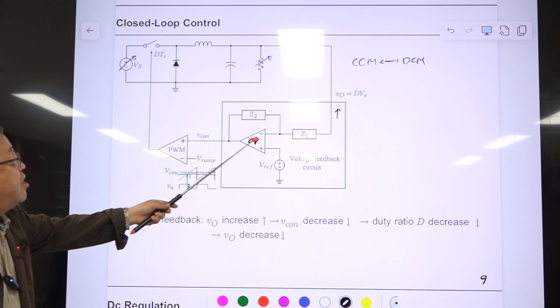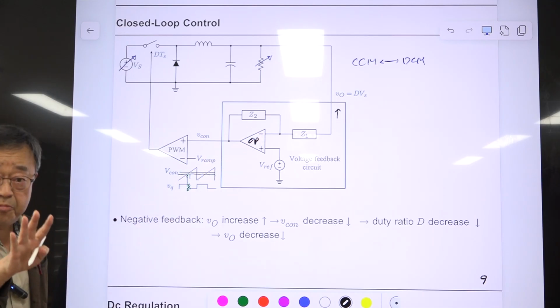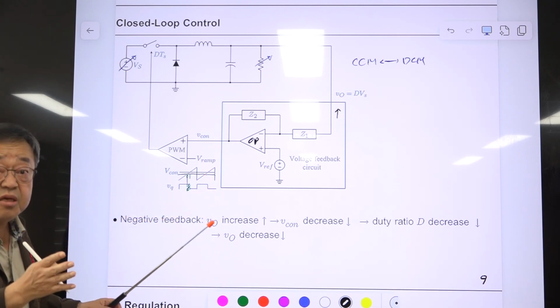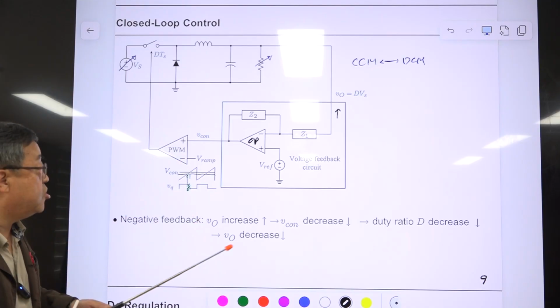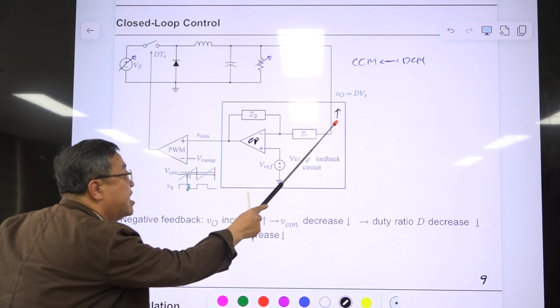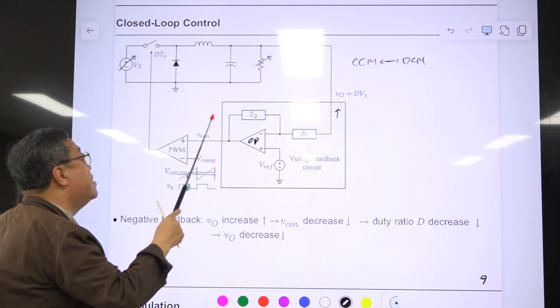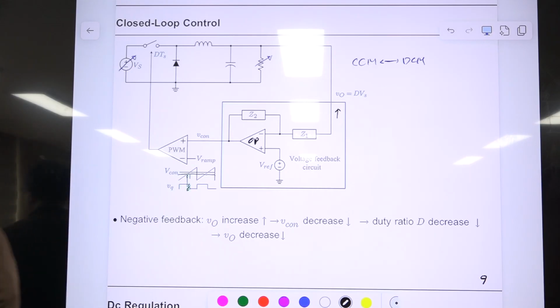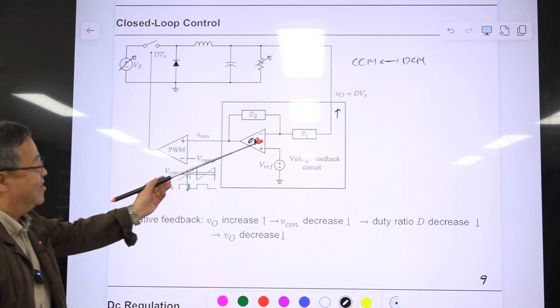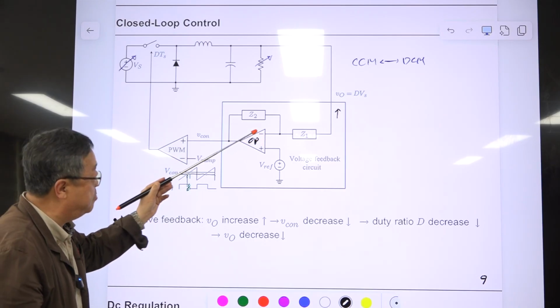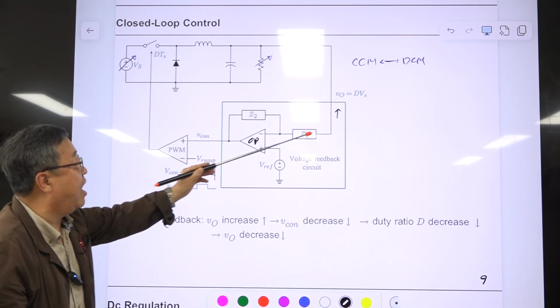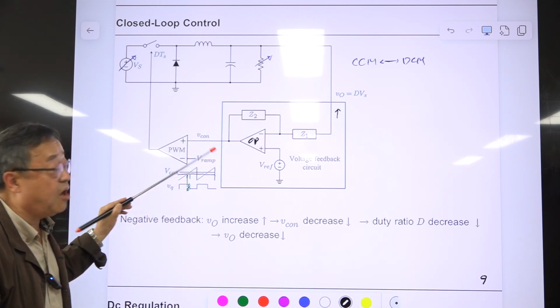Sometimes this negative sign implies that when the input is positive, the output is negative. That is true for some cases. But the more important interpretation is that if this is increased in positive value, then this is also a positive value, but its magnitude is decreased. For some applications, you may think this makes the output negative, but in most applications, this indicates that the dynamics change of this input and this output is opposite.